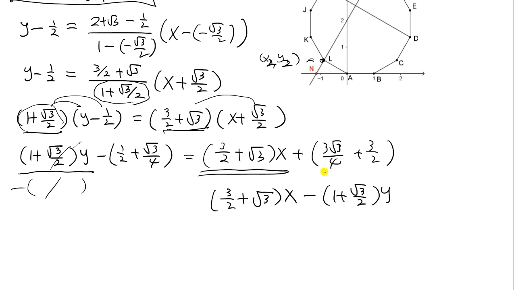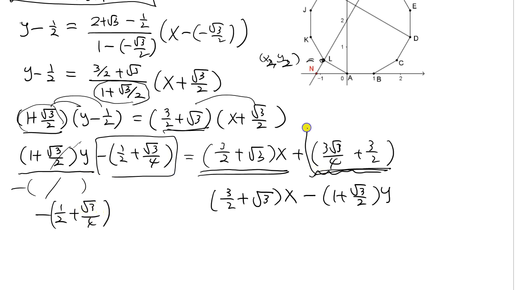And subtract this one on both sides, right? So we cancel out on the right hand side. The left hand side we have is negative 1/2 plus square root 3 over 4 already, and subtracting this one, right? So 3 square root 3 over 4 plus 3/2, right?